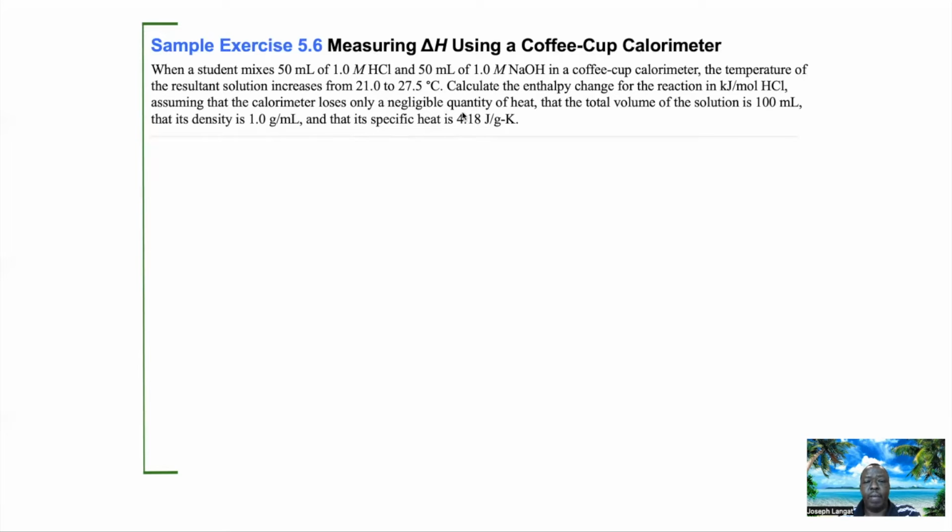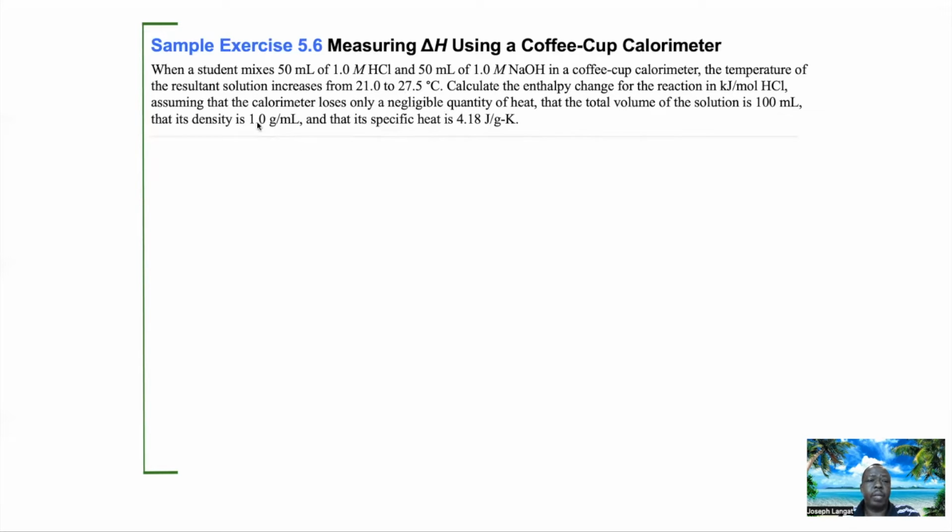That's why we are given the specific heat of H2O, 4.18 joules per gram per Kelvin. I'll just ignore the Kelvin and assume that it is joules per gram per degrees Celsius, so that you reconcile with the change in temperature.